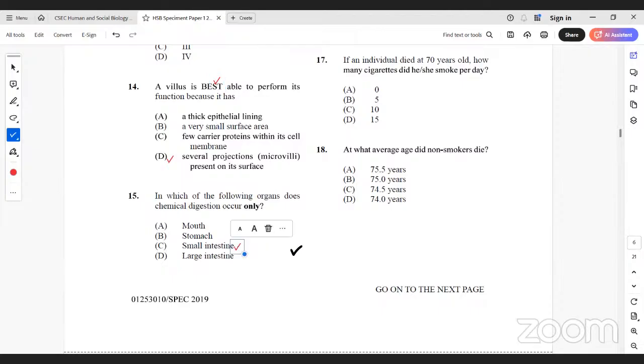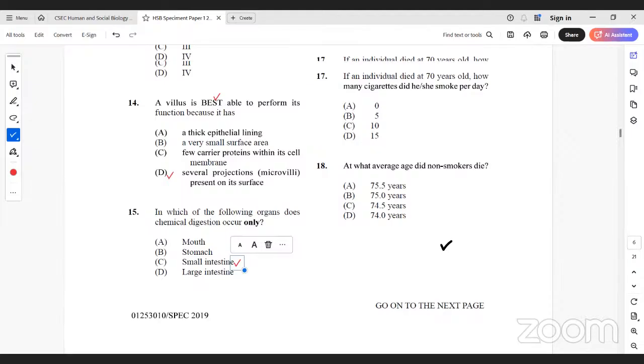Just pick the answer, as in the small intestines. The mouth has mastication, chewing, that's mechanical digestion. The stomach also has mechanical digestion. The large intestine, well, why are we doing digestion if we reach the large intestines already, right? So the small intestines is the answer.